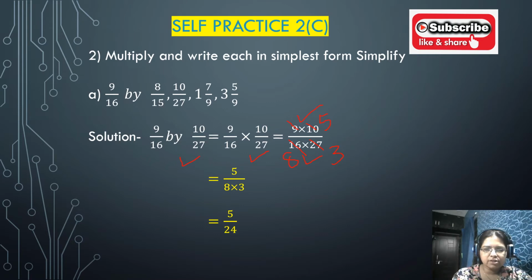Cancel both 10 and 16 with 2: 2 multiplied with 5 is 10 and 2 multiplied with 8 is 16. So we get 5 in the numerator and 8 multiplied with 3 in the denominator. So 5 divided by 8 multiplied with 3 is 5 divided by 24. So 9 divided by 16 multiplied with 10 divided by 27 is 5 divided by 24.